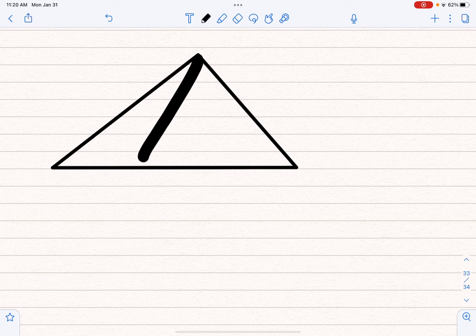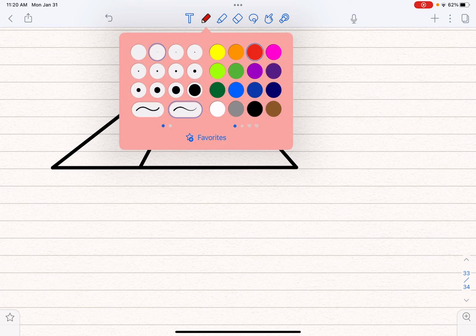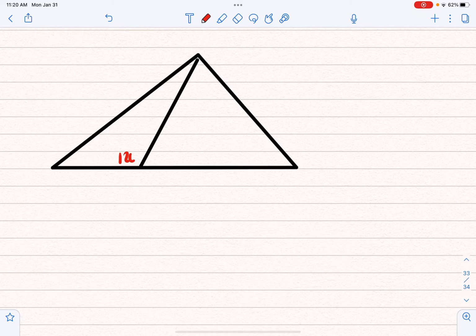So if I give you a situation like this, and said, hey, this angle right here is 120. This angle up here is 30. And this angle right here is 40, okay? And if I said that this was X, this was Y, and this was Z, you should be able to figure out all three of those.